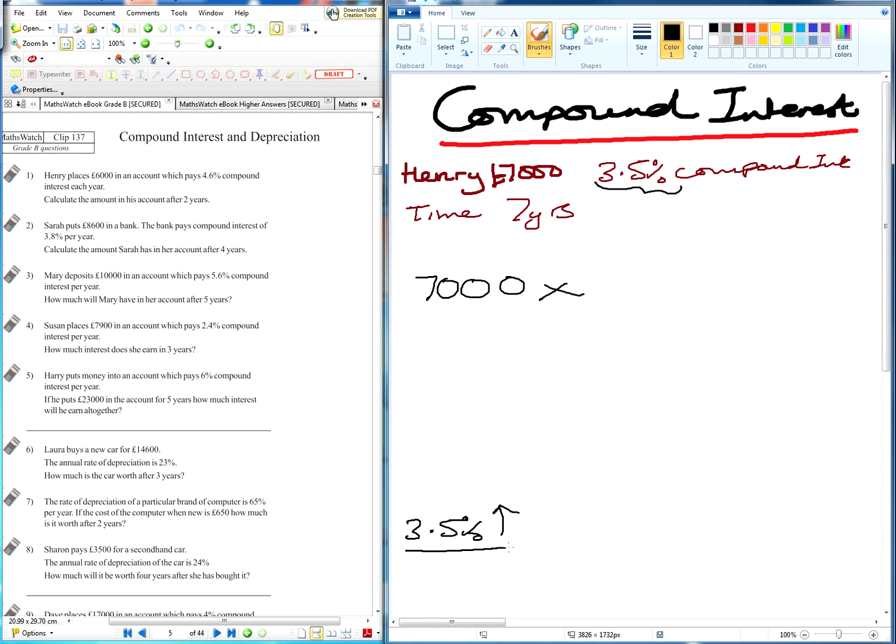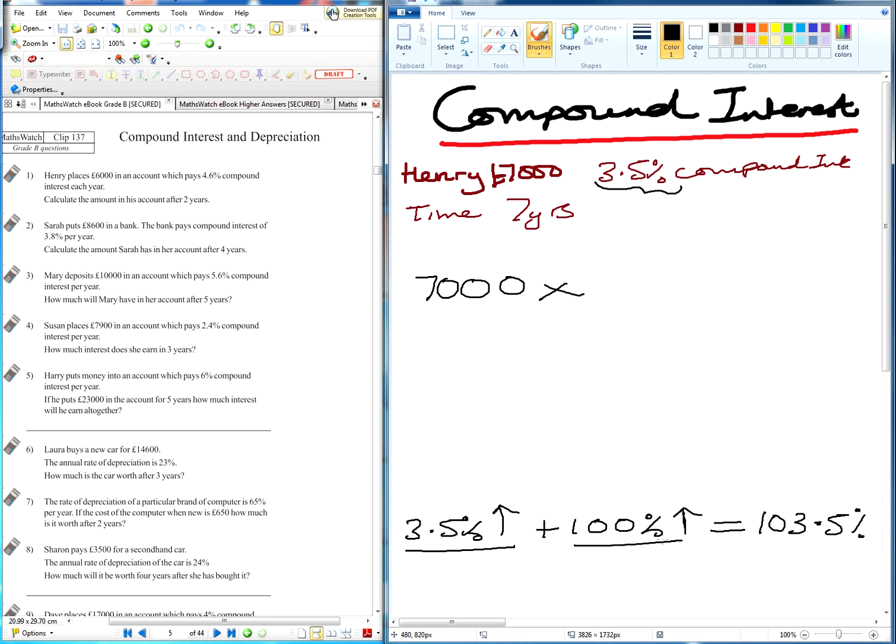So 3.5% is how much it goes up by, and altogether we are working out 103.5% per year. Even though we mention 3.5 in the question, we're actually using 103.5.